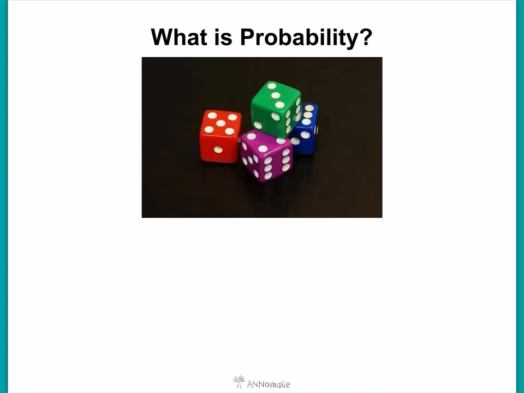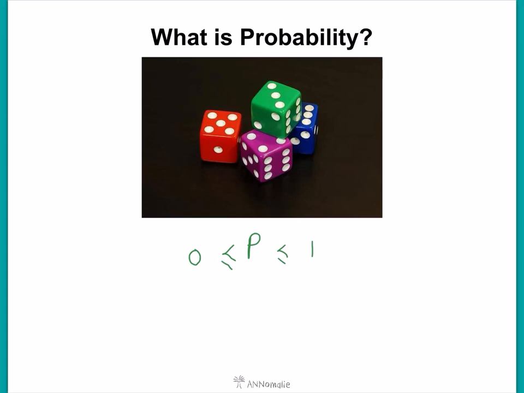Let's define probability. The probability of an event is a number that indicates how likely the event is to occur. It is expressed as a number in the range from 0 up to 1.